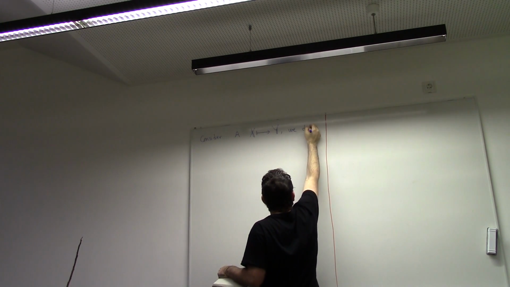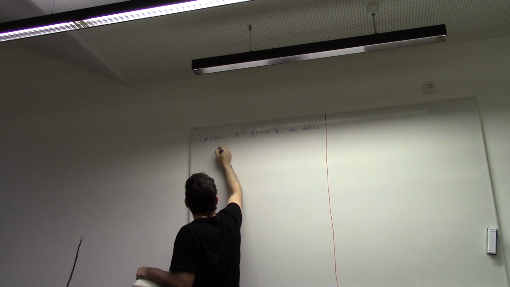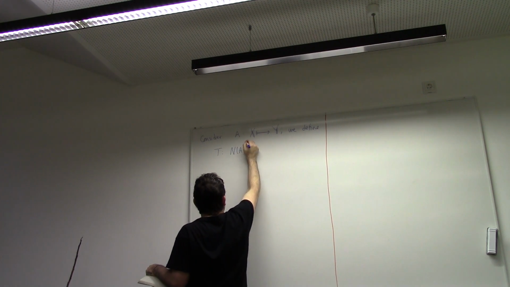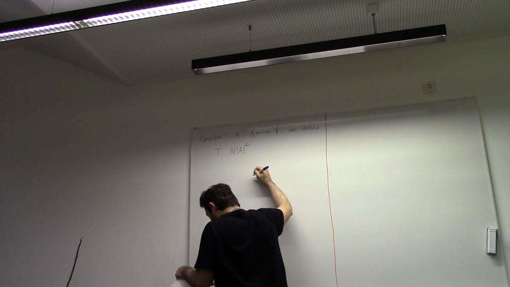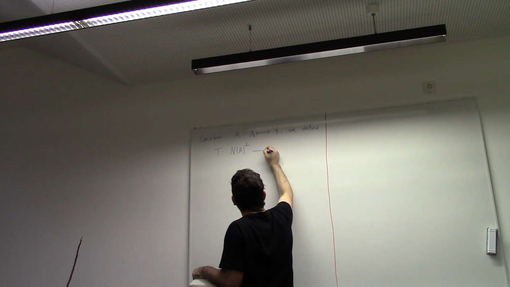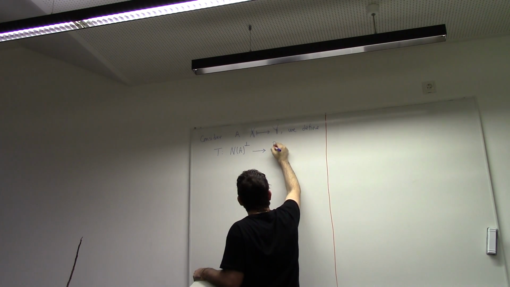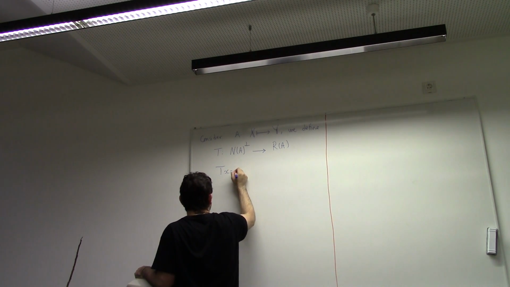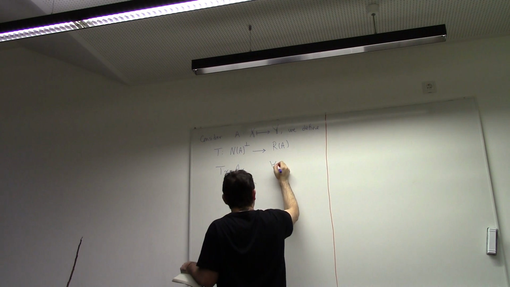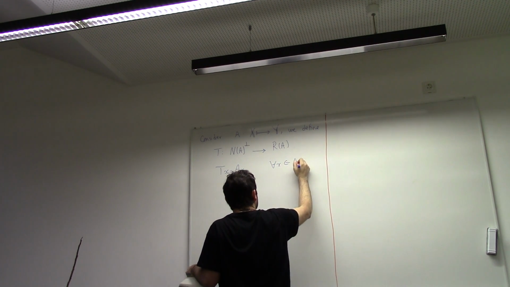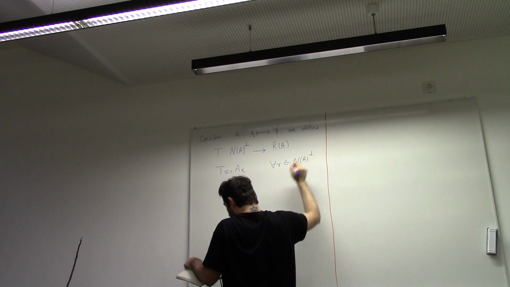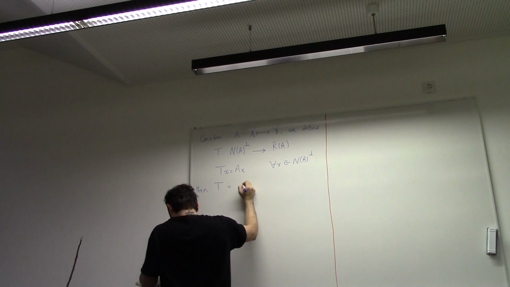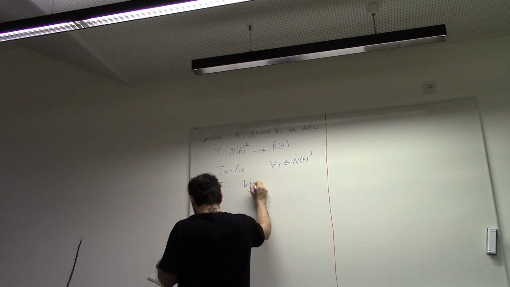We define a linear transformation T from N(A) orthogonal complement to R(A), where Tx is equal to Ax for any x belonging to N(A) orthogonal complement. Then T is bijective.